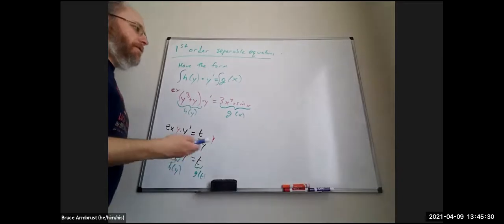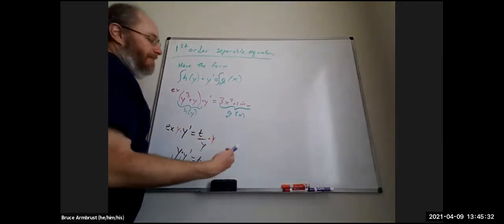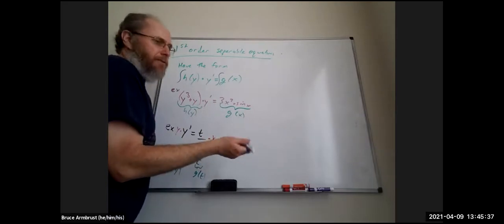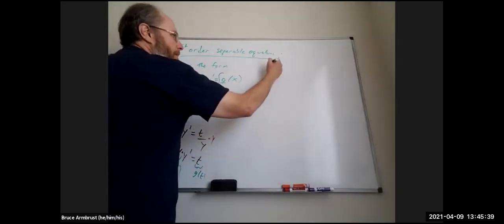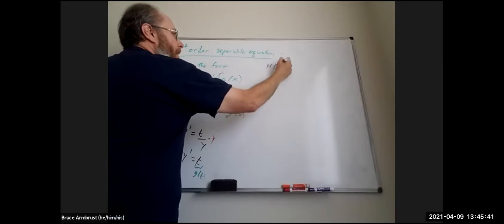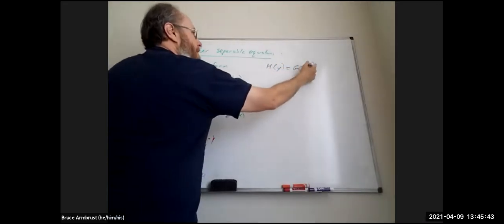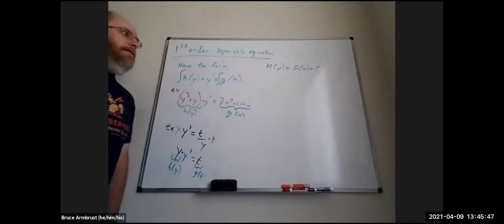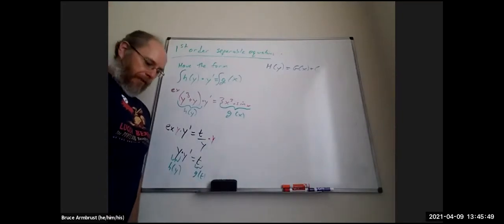If you integrate both sides, and we'll go back to the symbols that we used for antiderivatives, the capital letters, hopefully you remember that, basically this is going to tell us that H of y is equal to G of x plus c.